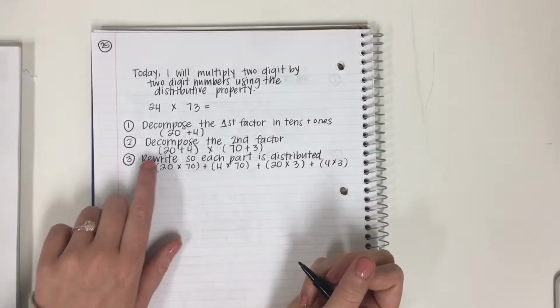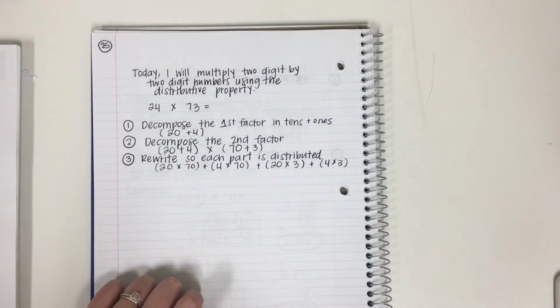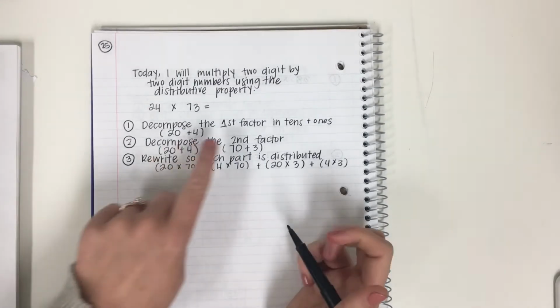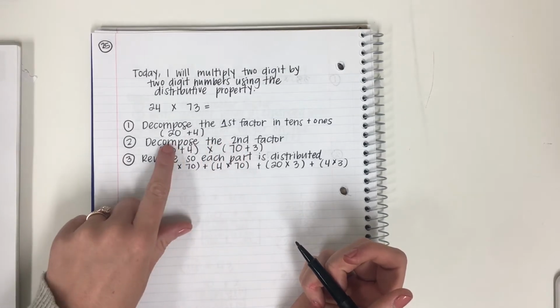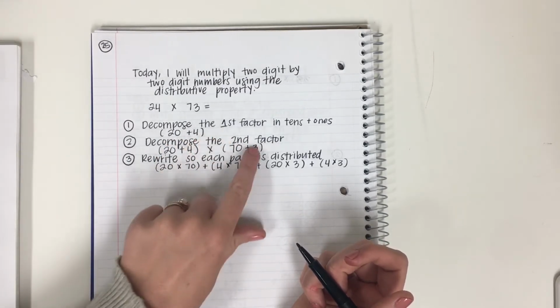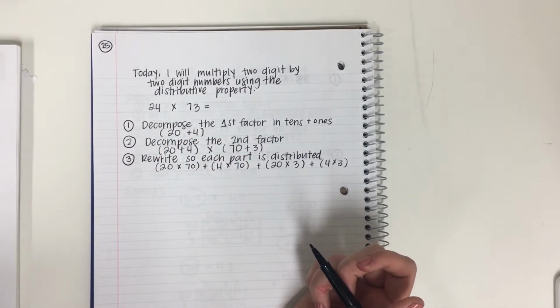So you'll see each number is being multiplied by the number across from it. So we have 20 times 70, we have 4 times 70, 20 times 3, and we have 4 times 3. Okay?